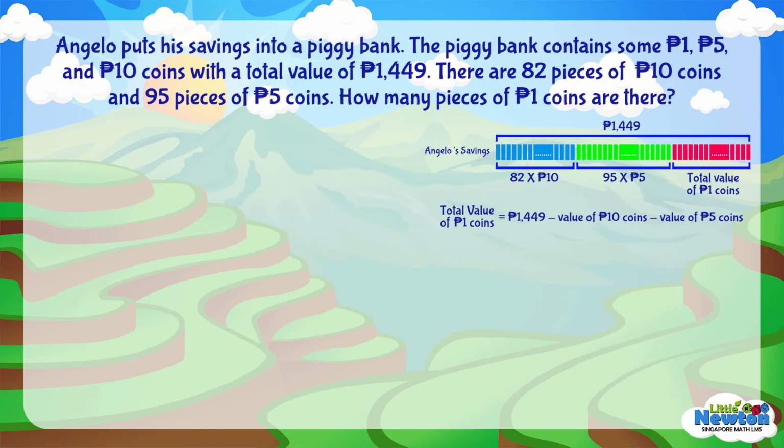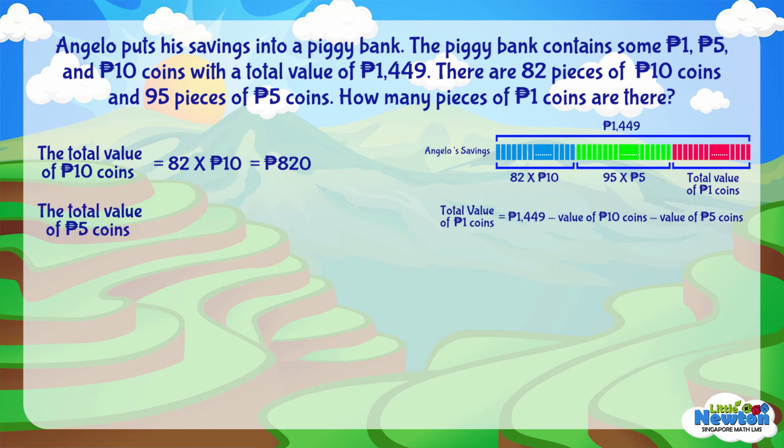From the question, we know that there are 82 pieces of 10 peso coins and 95 pieces of 5 peso coins. The total value of 10 peso coins equals 10 pesos multiplied by 82 equals 820 pesos. The total value of 5 peso coins equals 5 pesos multiplied by 95 equals 475 pesos.